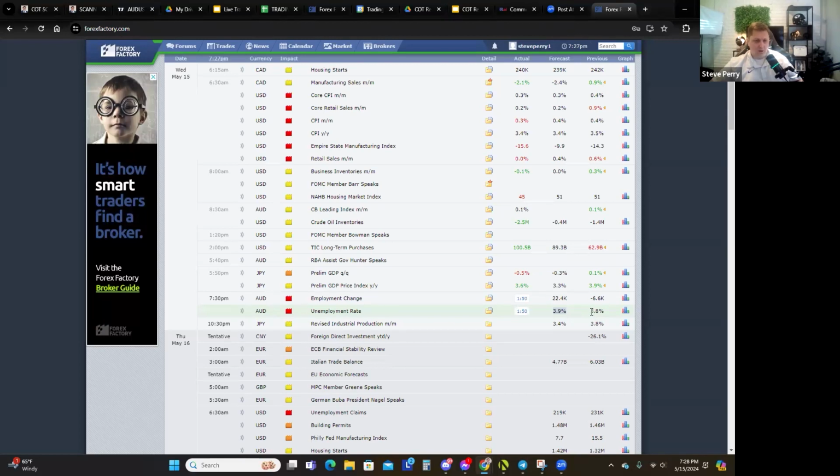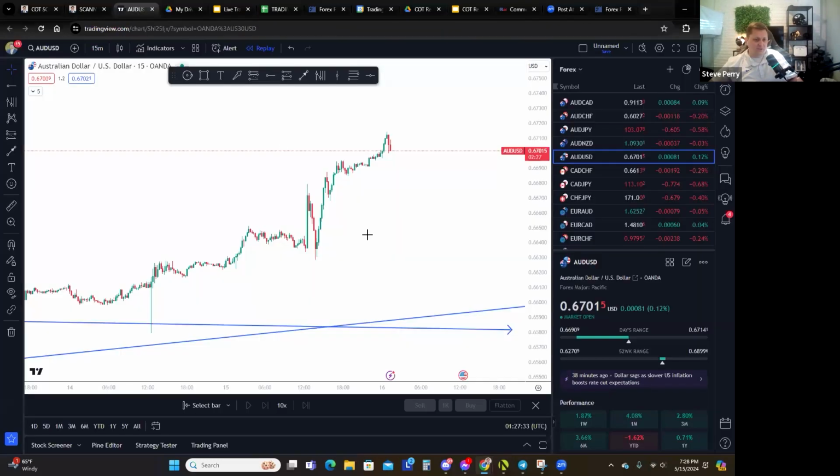Last month it was 3.8%, so they're expecting this to worsen. If this gets over 4%, then you'll probably see the Aussie go down. If this goes beneath that, you might see the Aussie continue higher. But who knows? News events can be weird, right? So I thought it would be just fun to watch it.